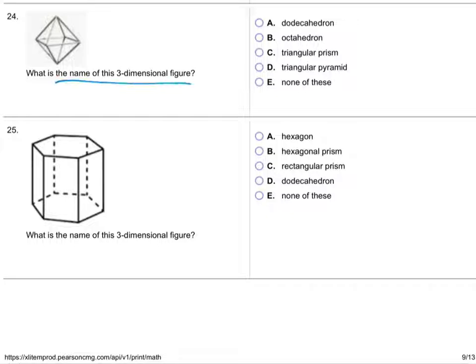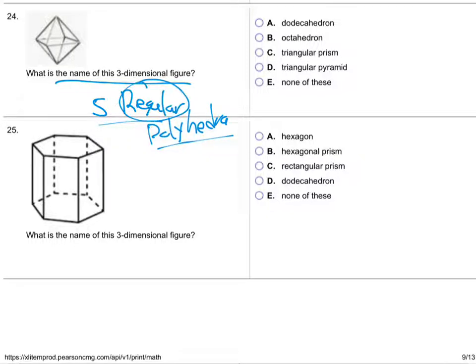How about this next one, number 24? What's the name of that three-dimensional figure? I don't know if you remember. That's one of the 5 special regular polyhedra, meaning they're regular. Remember what regular means? It means perfect. They're made out of the same perfect shape all the way around. So this one's made out of perfect equilateral triangles all the way around.